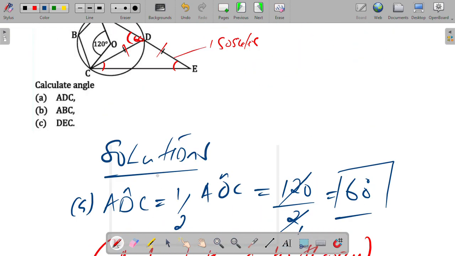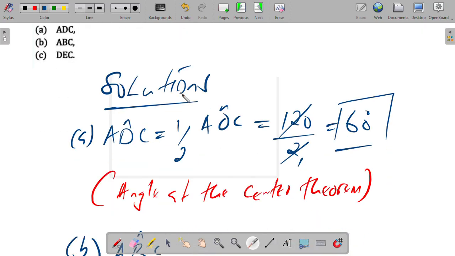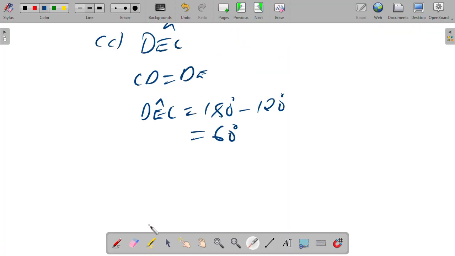For us to get our DEC, or rather the angle at this part, we know that these two angles must add up to the angle there, so this cannot be 60, right? And because of the two base angles, which are equal, each one is half of this 60. So we say over 2. When we divide 2 into 60, what do we get?